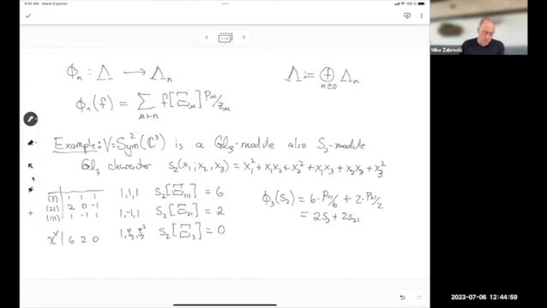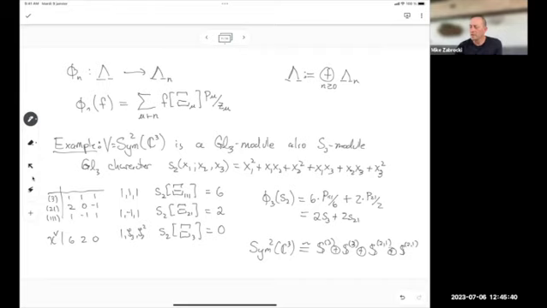So that means if I add up 2 copies of this one and 2 copies of that one, then I get my character. That is, I'm saying that Sym2 C3 is isomorphic to S3, S3, S21, S21.